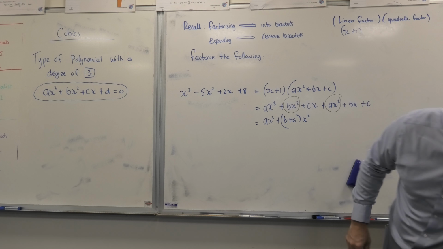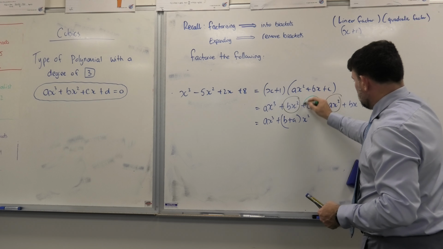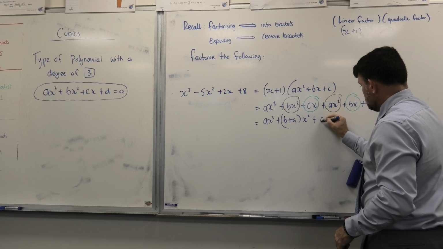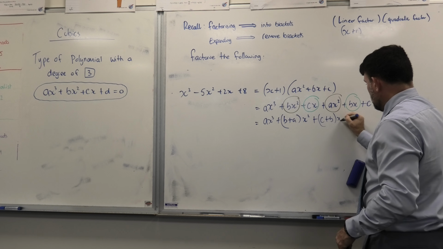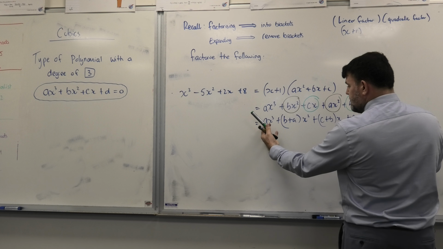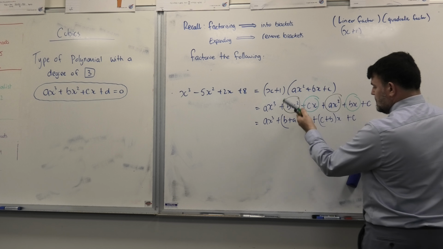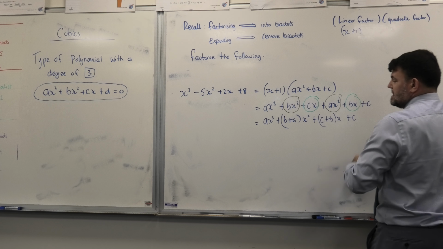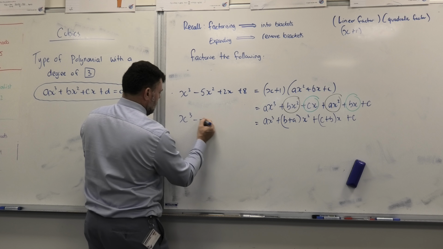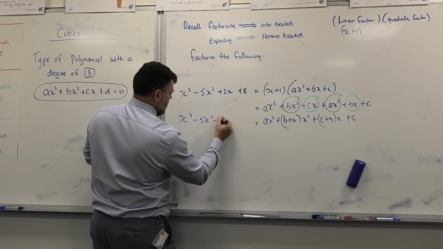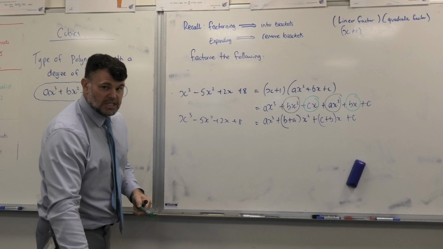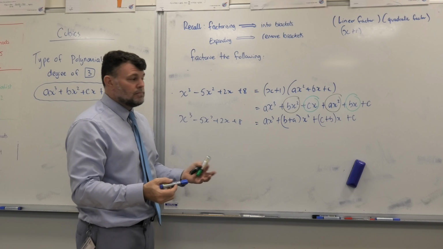I've also got cx and bx, which go together: (c plus b)x, and I'm just left with c. So now I've got these in terms of x cubed, x squared, x and c. I could bring this down and say I have x cubed minus 5x squared plus 2x plus 8.